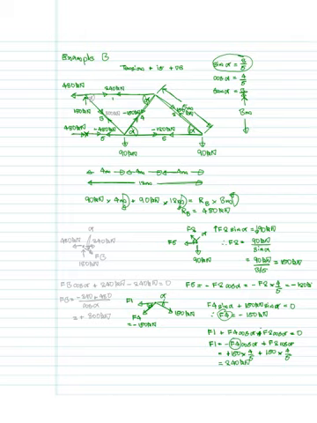And then the last one that we need to worry about is this F3. So let's take equilibrium. We've got 180 going upwards. We've got 480 going in that direction there.